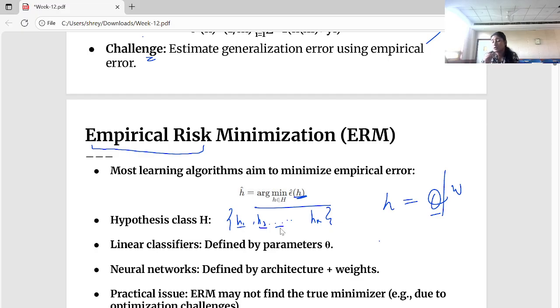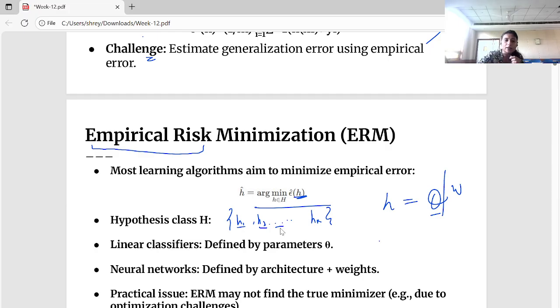This was the major challenge: you have the data, you have some hypothesis, you can get a good hypothesis on your training data, but how can you be sure that this minimization is good for all the data related to this problem around the world?